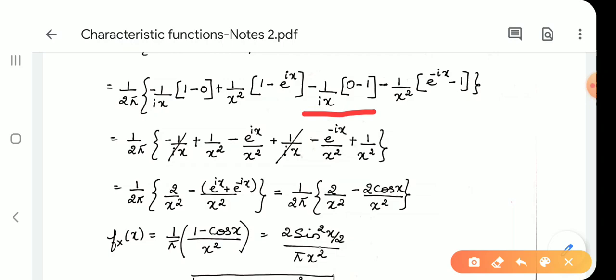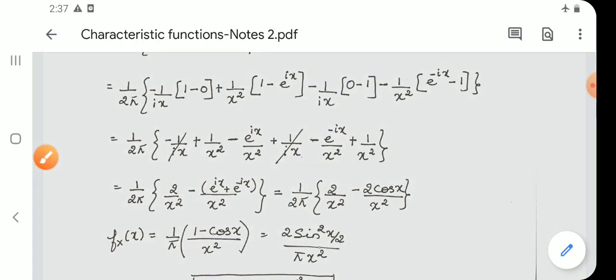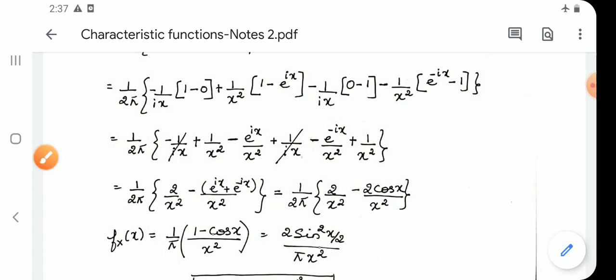Third term, when we open the bracket, minus will become plus 1 by ix, and the last becomes minus e power ix by x square, and minus becomes plus 1 by x square.